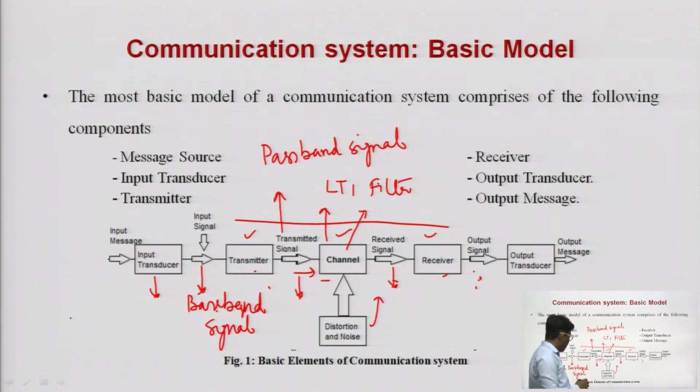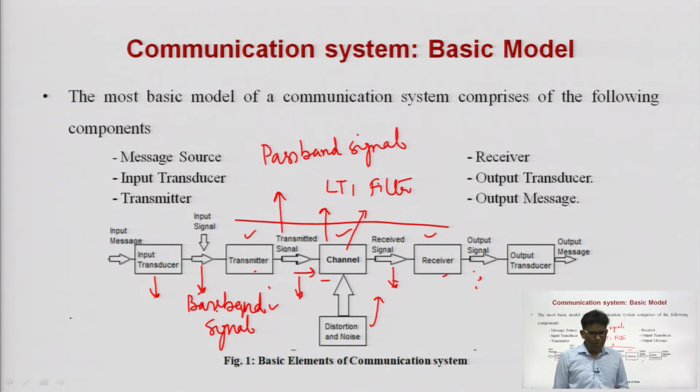So, what are the differences between the baseband signal and the passband signal? My speech in raw form, without transmitting through the transmitter, is a baseband signal. In speech, the lowest frequency component we practically use is 300 hertz and the maximum frequency component is 3.5 kilohertz.